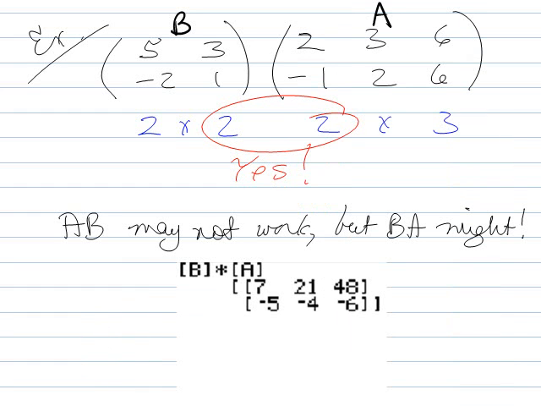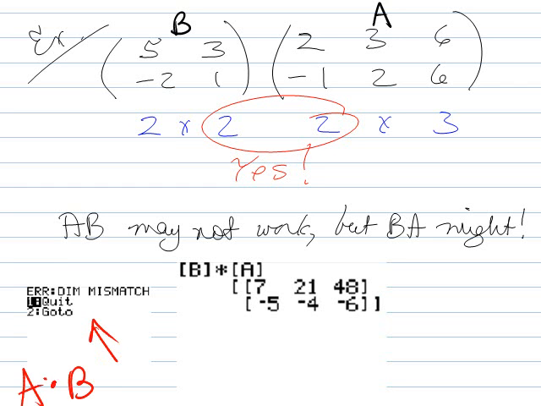Okay? So this is the result of A times B. A times B gives me a dimension mismatch. So your calculator will tell you that you can't do it, but you'll have just wasted the last 3 minutes plugging it into your calculator to find out that there's not an actual answer.